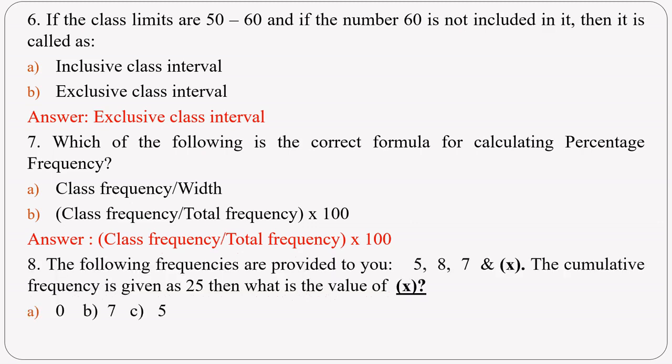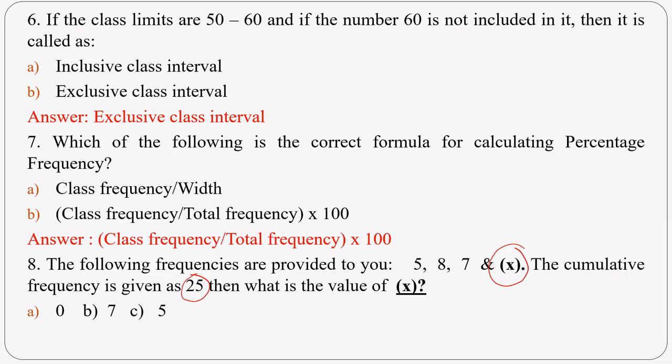The following frequencies are provided to you, that is 5, 8, 7. You need to find the value of x as I am circling it. The cumulative frequency is given as 25. See, this is the cumulative frequency value. What is the value of x? X will be 0, option A. X will be 7, option B. X will be 5, option C. How to calculate?